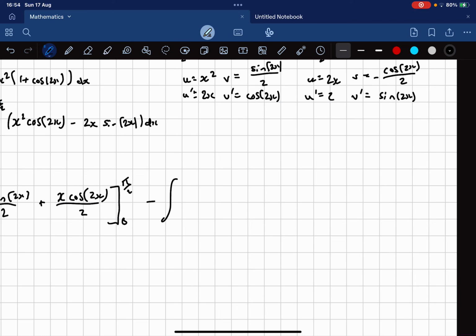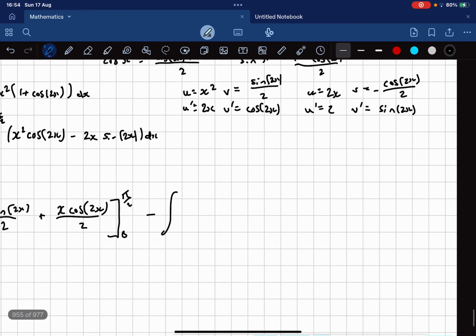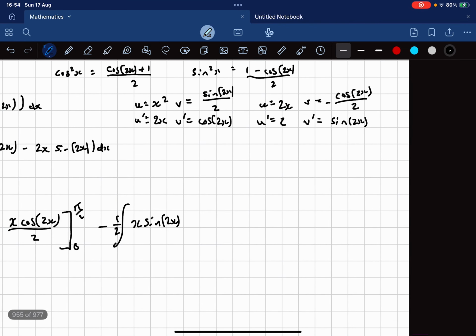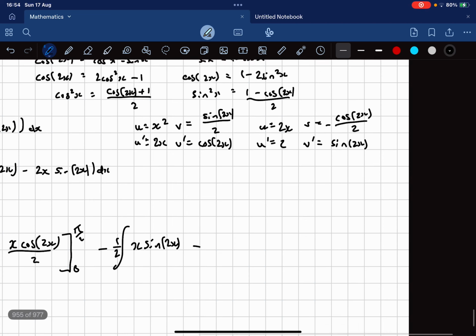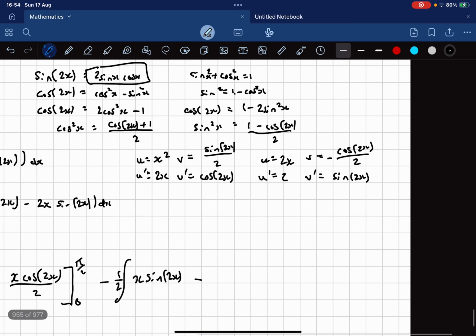And then we're going to take away the integral of half sine 2x times dx. Okay, and then we're going to take away. So let me just double check. We've got a minus here for our minus cos 2x.